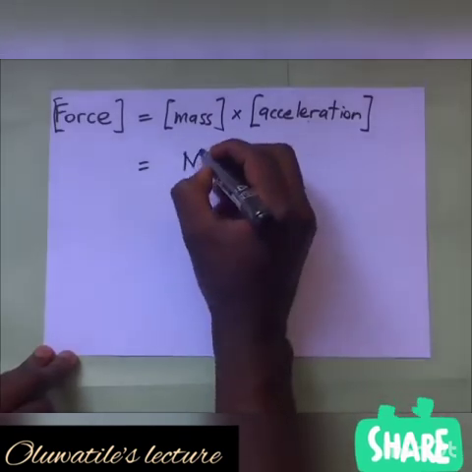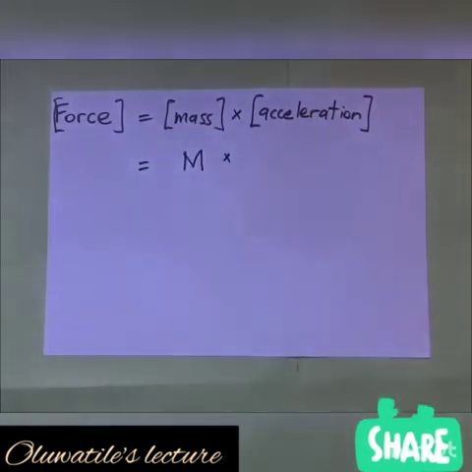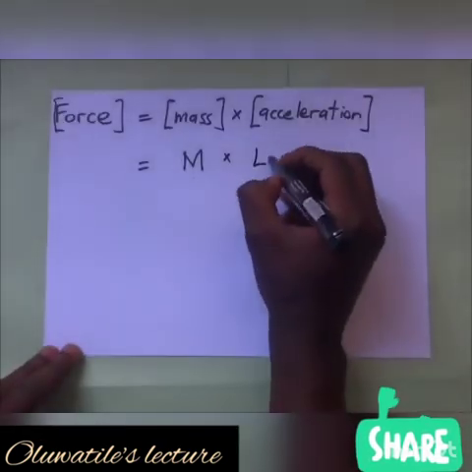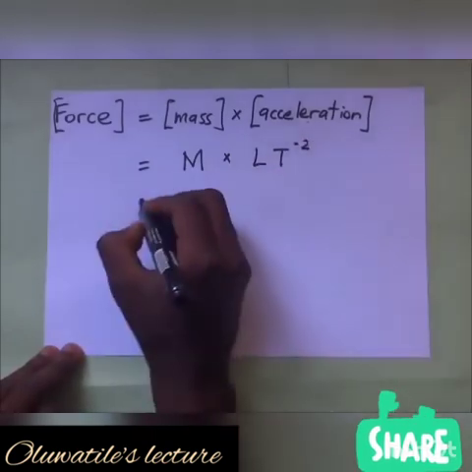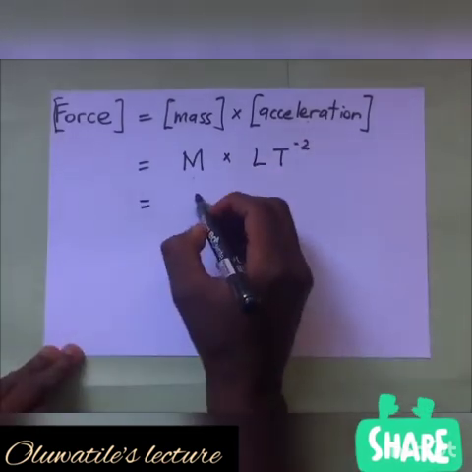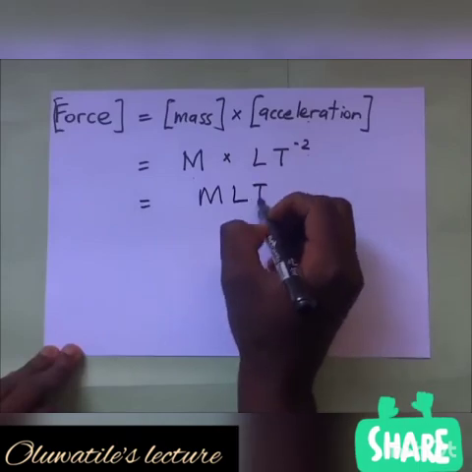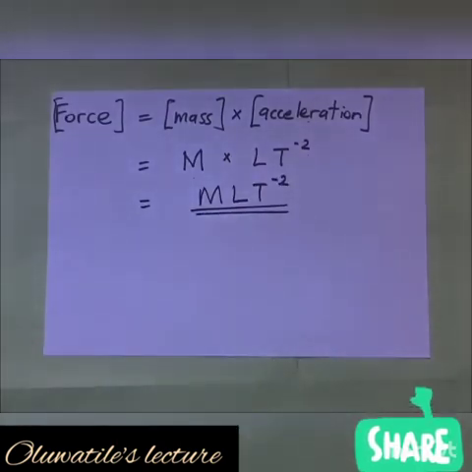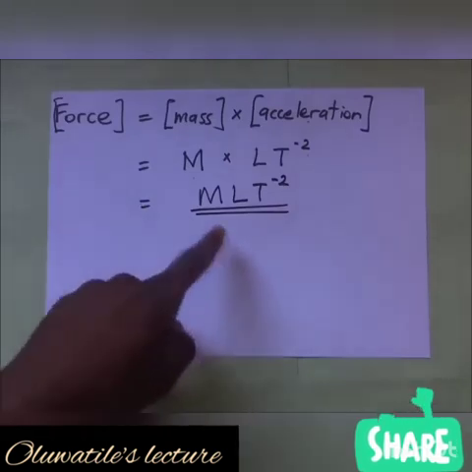Mass is capital M. Multiply that by acceleration. We already got for acceleration that it is L T to the power negative 2. So M times L T to the power negative 2. The dimensions for force therefore are M L T to the power negative 2. That simply means that this is how force relates to the three fundamental quantities.